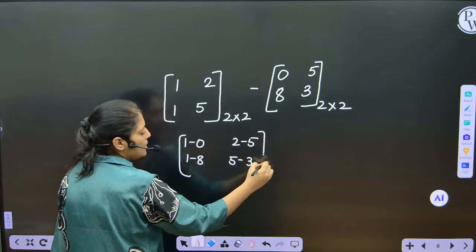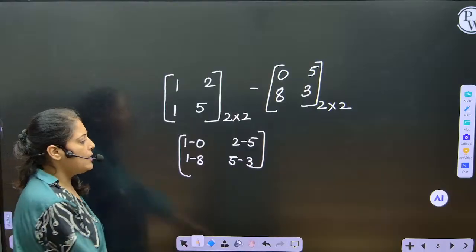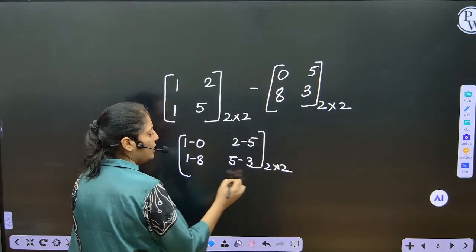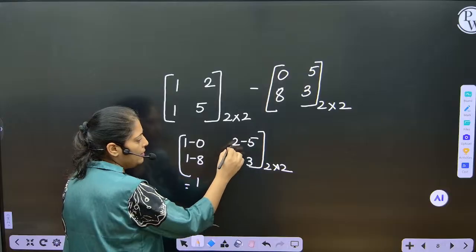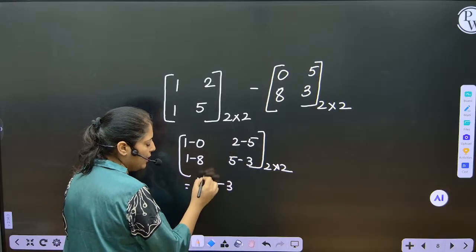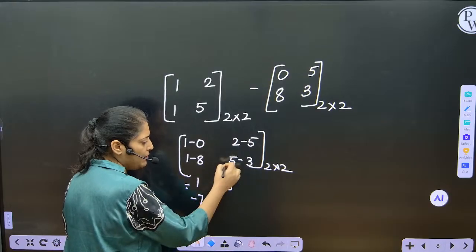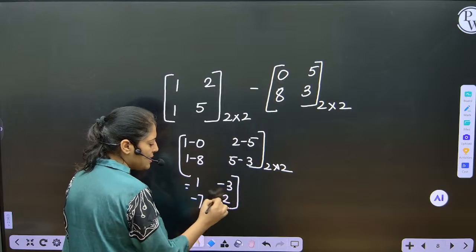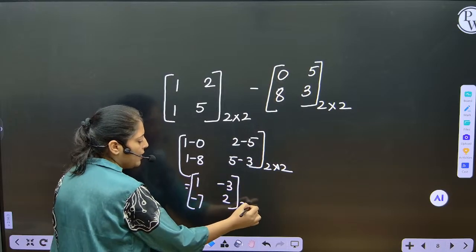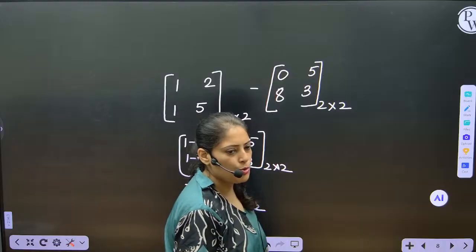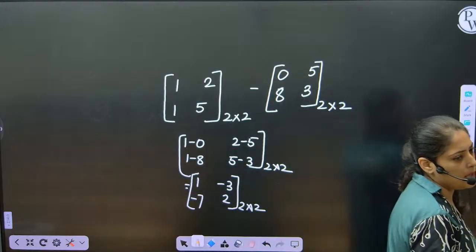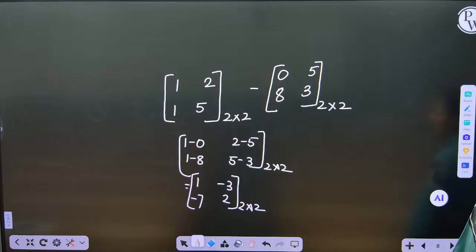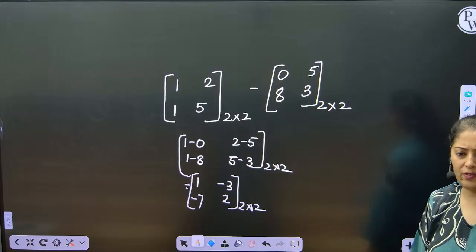Order is 2 cross 2. 1 minus 0 is 1, 2 minus 5 is minus 3, 1 minus 8 is minus 7, 5 minus 3 is 2. So the order is 2 cross 2. Order will remain the same. This is the subtraction of two matrices.